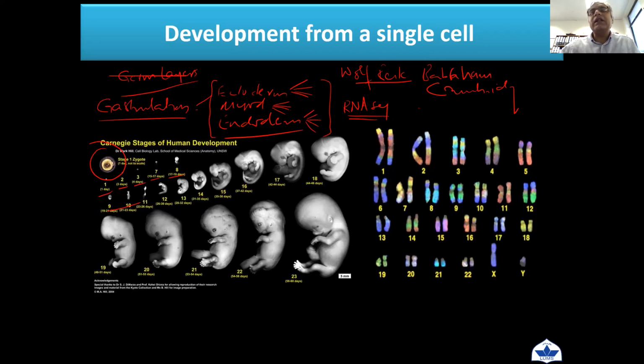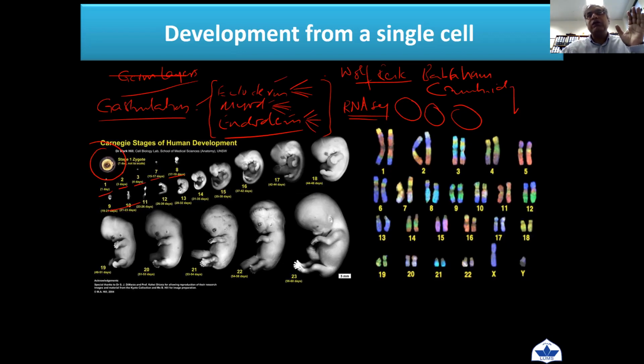And when they clustered them on the basis of gene expression pattern, they found 3 very distinct clusters of cells. And these were actually referring to ectoderm, mesoderm, and endoderm, which means already at this stage, you have very distinct gene expression patterns being established.